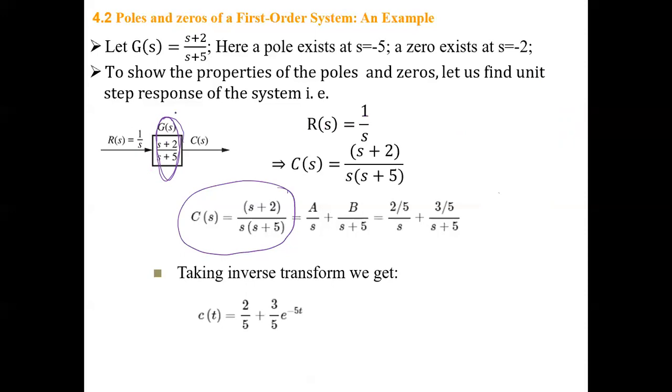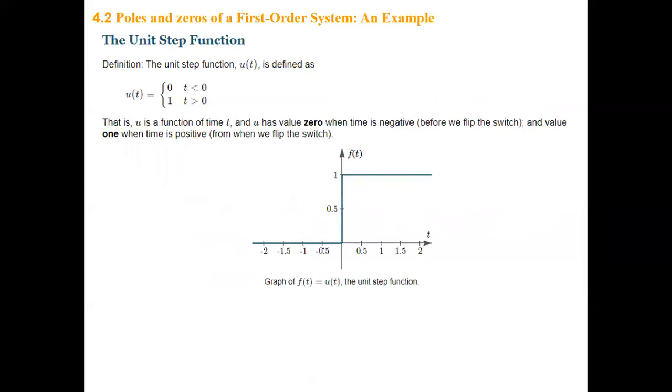From G you get the output, because G equals C over R. Since you know G, you get C by multiplying G with R. You want to test your G, so you pick some very simple R. Why choose a complex one? Because you are just testing. So the testing R is just 1 over S. You know what 1 over S is? This is your 1 over S. Meaning this is the time you started doing it, okay?